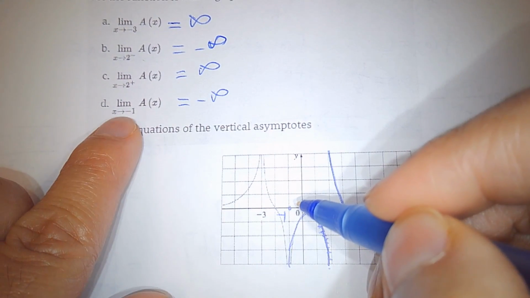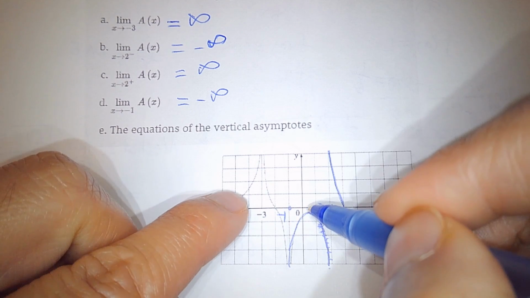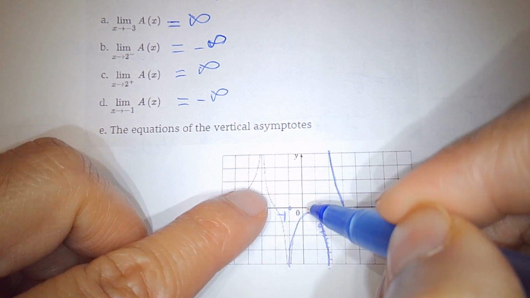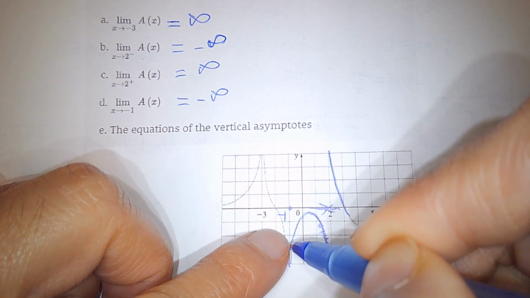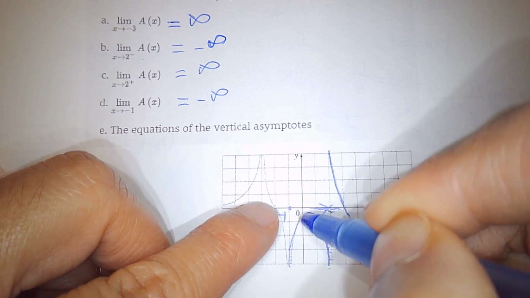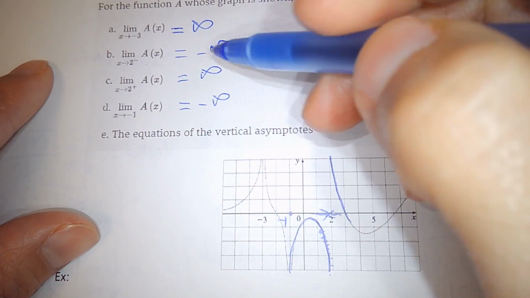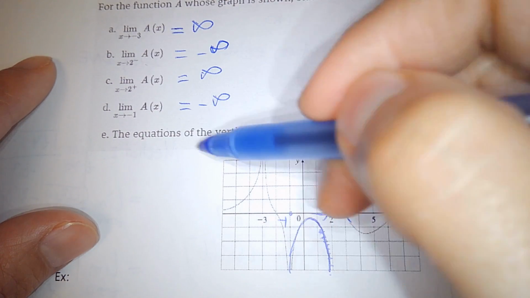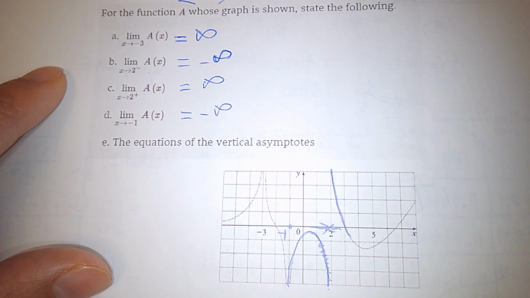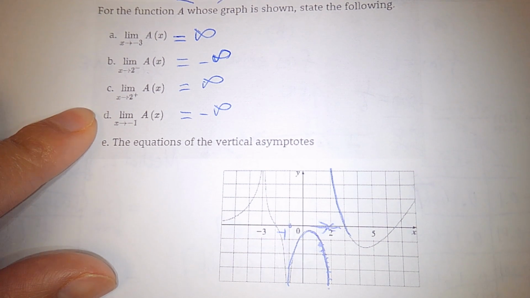Yeah, this one doesn't say from left or right. That means from both sides, both directions, okay? And from both directions of -1, we can tell the y value goes to what? -infinity. Are you guys okay? Yeah. So we will introduce the definition involving infinity on the next page. But this is a preview question. You guys good for these ABCD questions?